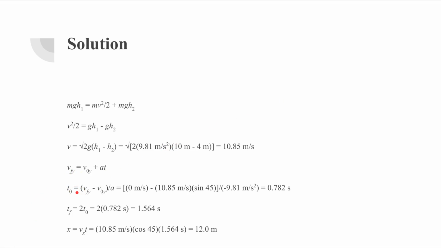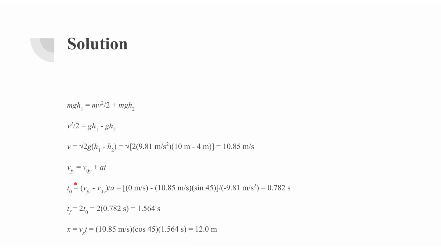If you solve for everything, remember at the very top v_0y will be 0. At the very top v_fy will be 0. 0 meters per second minus 10.85 meters per second times sine 45. If you don't know what this expression is, that means 10.85 times sine 45. That's just how you find a y component.